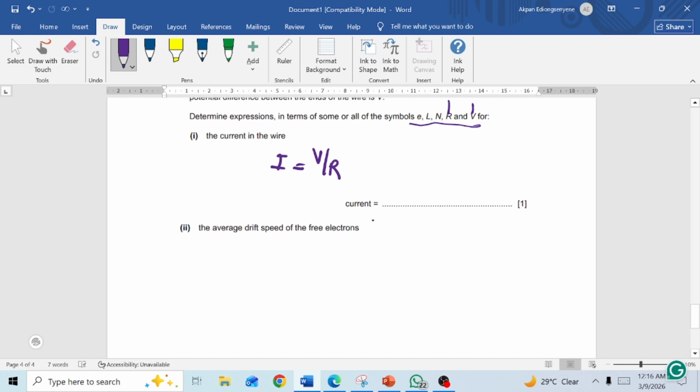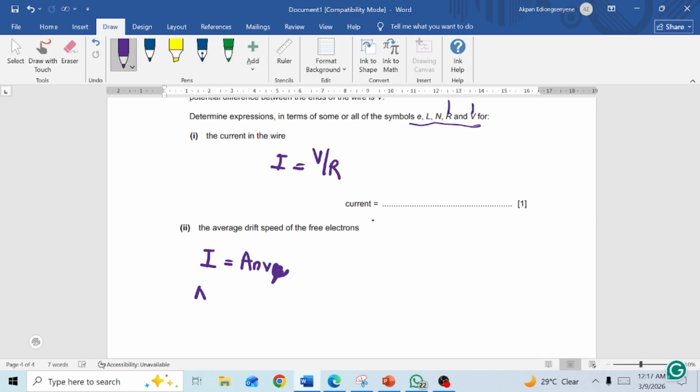Let's look at the average drift speed of the free electrons. Remember that we have I equal to A n v Q. Q here is given to us as E. Looking at it, there are things we don't have as well.